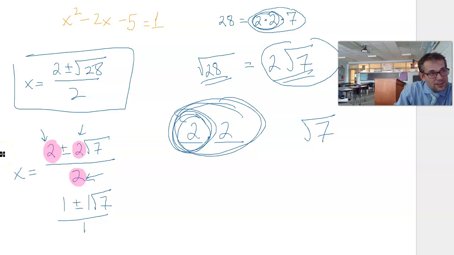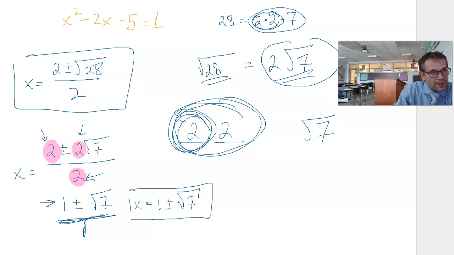As we look at this, this one I need to keep, but this says 1 times radical 7. I don't need to say 1 times radical 7. 1 times radical 7 is radical 7. This says the whole thing divided by 1. I don't need to write divided by 1. Anything divided by 1 is itself. So this is what the most beautiful answer would look like.